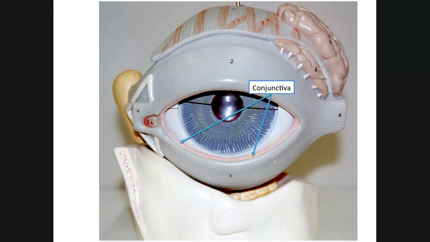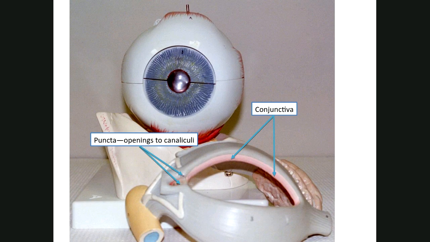The eyelids are attached to the eyeball, and they're attached by what's called a conjunctiva. Conjunctiva is a membrane that attaches the eyelid to the eyeball. So if your eyelid was here, there's a conjunctiva that does this.